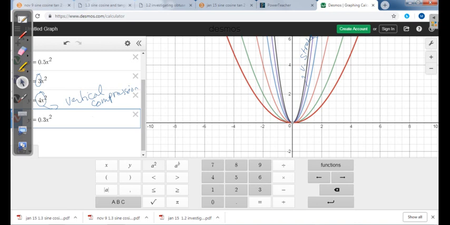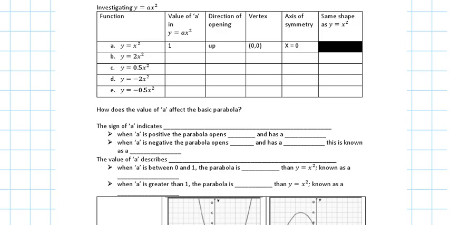Okay? So we're going to write all this down. In this case, what is the value of A? 2. Which way was the opening of the graph? Up or down? What was your vertex? And then the axis of symmetry is x equals 0.